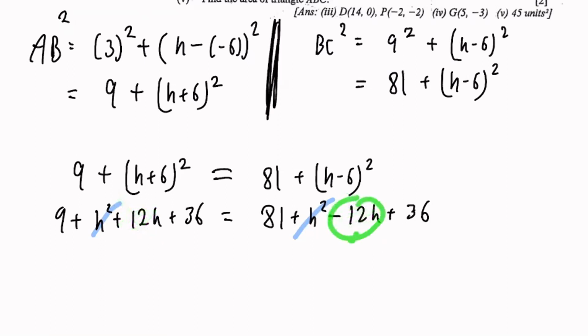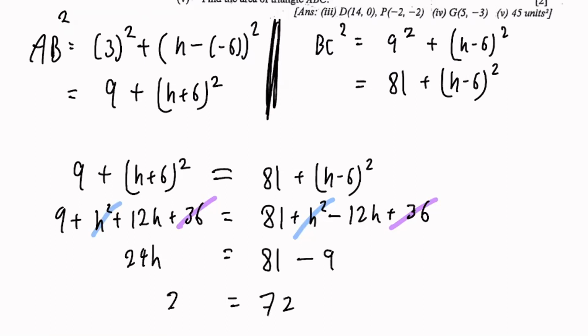The plus and minus are not on the same side. Bring over, it actually becomes 24h. How about 36 and 36? Do they cancel? Yes, very good. Then you are left with 81, bring 9 over, minus 9. Did I miss anything? Hopefully not. Let me know if I have.